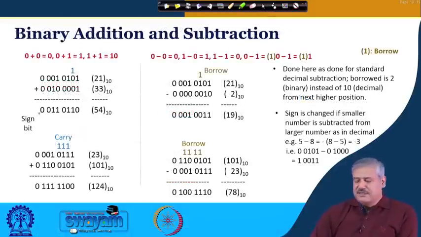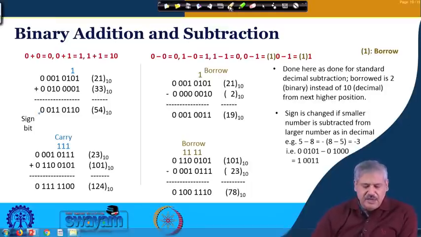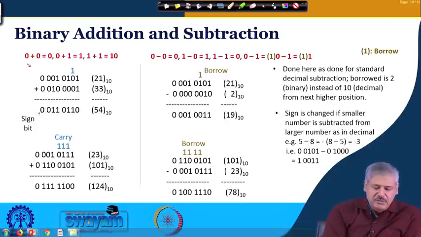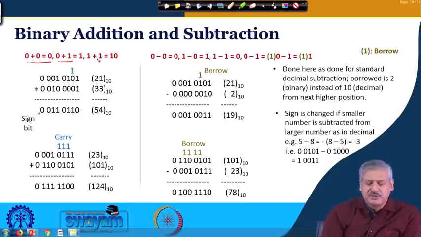Now, let us consider how we can do binary addition and subtraction in the binary system. Similar to the way we usually do decimal addition and subtraction, we can follow the same process here. First, we look at the addition part. 0 plus 0 is 0, 0 plus 1 is 1, and 1 plus 0 is also 1.